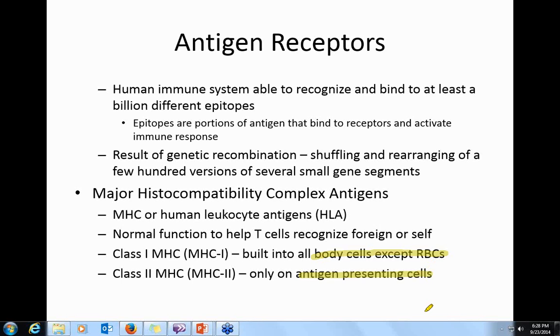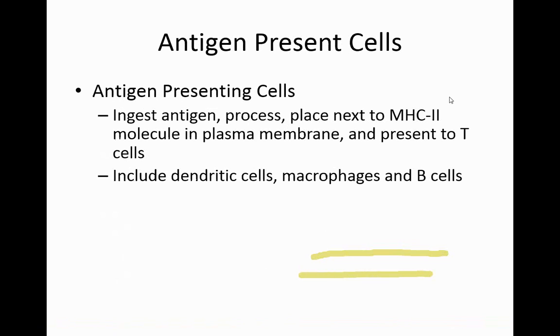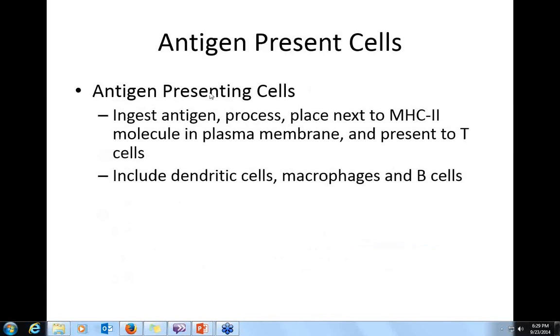Antigens can be very large proteins. So in order for the T or B cells to recognize them, they need to be kind of chopped up. And that's where the antigen processing cell comes in. It ingests the antigen and it places it next to either an MHC1 or MHC2 molecule on the plasma membrane.